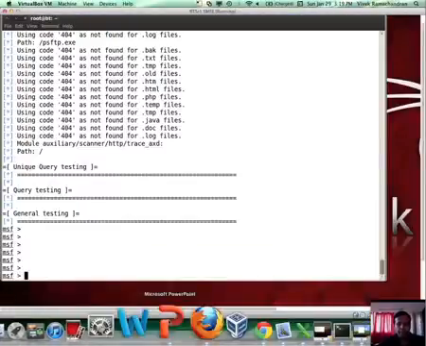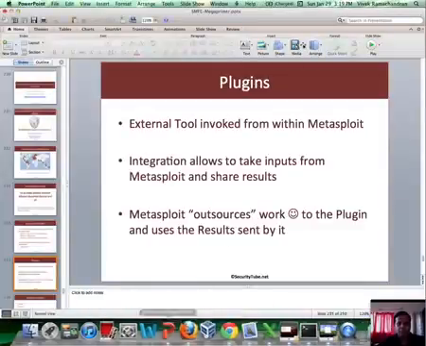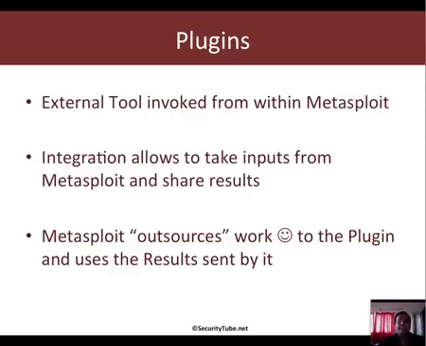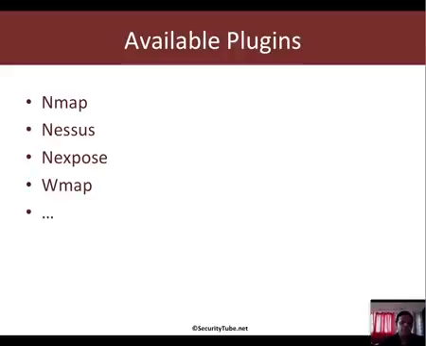Okay, so coming back to our slides, if you notice, this core functionality which we just talked about was all inside WMAP, but we were running it from within Metasploit and there was data sharing happening. Similarly, you can do the same with Nexpose, Nessus, Nmap, and a bunch of other tools, right?